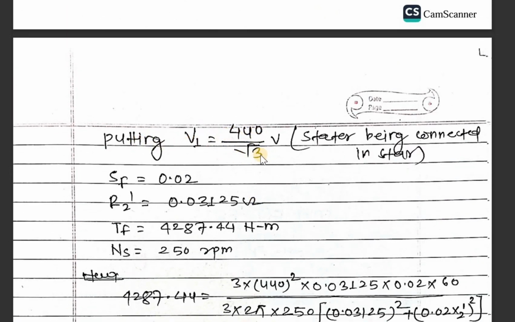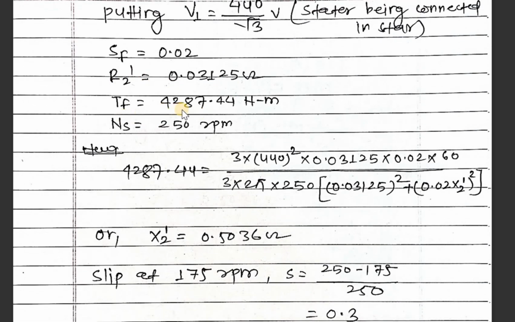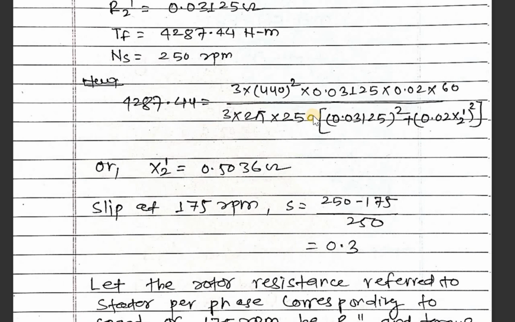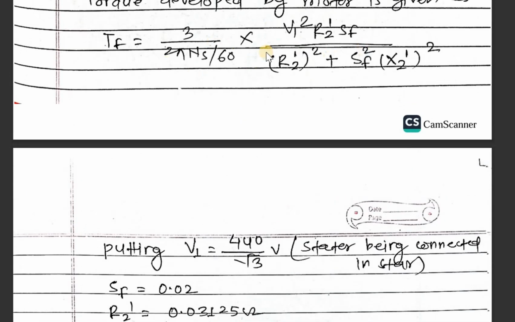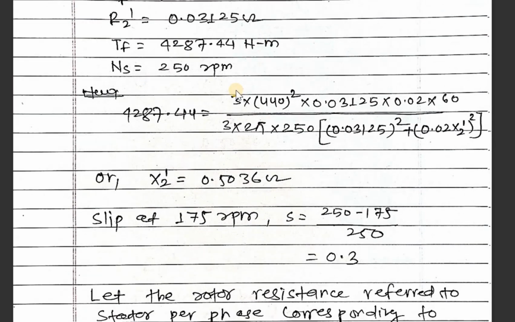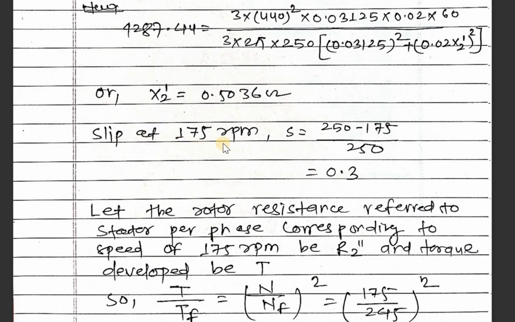So sf equals 0.02, R2 dash 0.03125, Tf 4287.44, and Ns is 250 rpm. Putting all these values in this equation, we can get X2 dash equal to 0.5036 ohms.